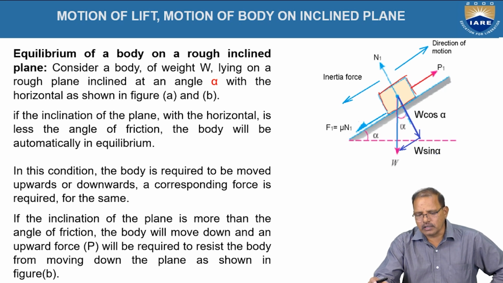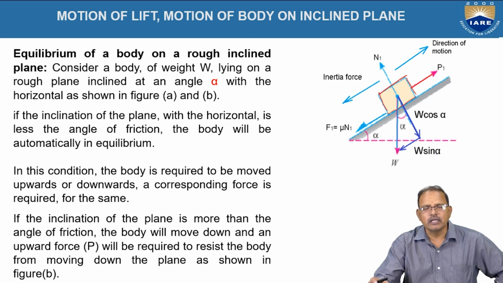In case 2, alpha is greater than the limiting angle of friction. That means when the body is kept on the inclined plane, it automatically tends to slide downward even though no forces are acting on it. In that case, to keep the body in equilibrium, that is, to prevent its downward motion, some external force is required.